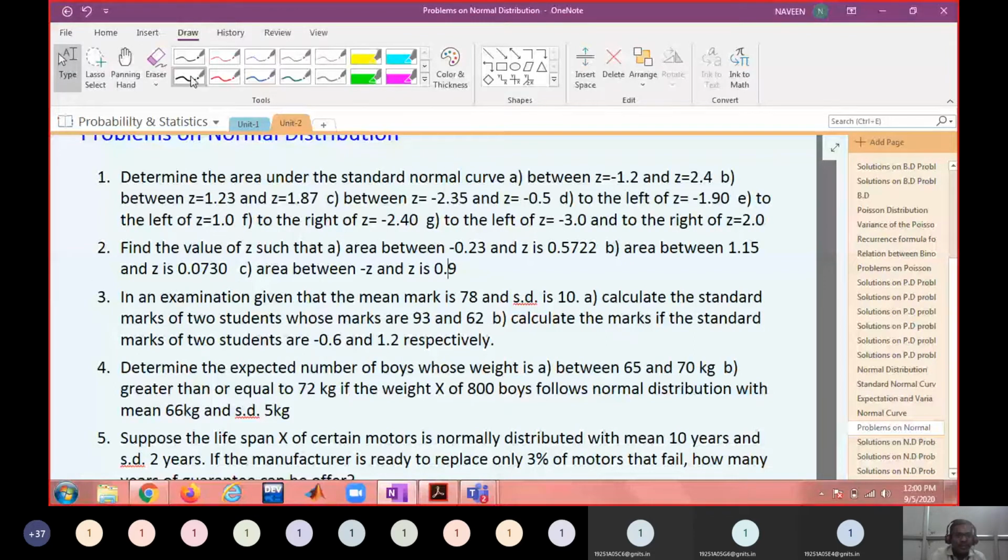Let me take one second. I have a problem with writing using the digital pen. Meanwhile, copy the remaining questions also.